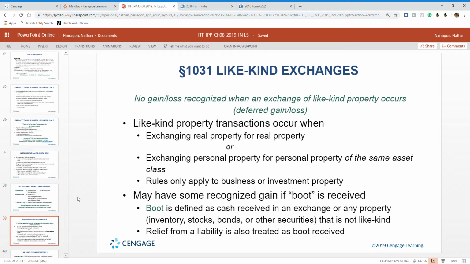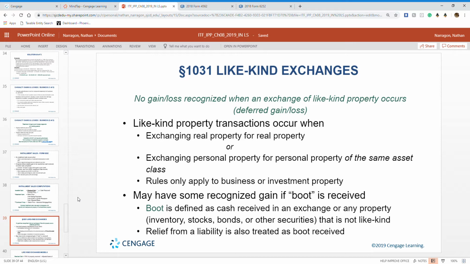And sometimes you do have to recognize a gain if boot is received. Now, this term boot is defined as cash, pretty much. If we receive cash in exchange for any property, inventory, stock, bonds, or other securities, it is not a like-kind exchange.